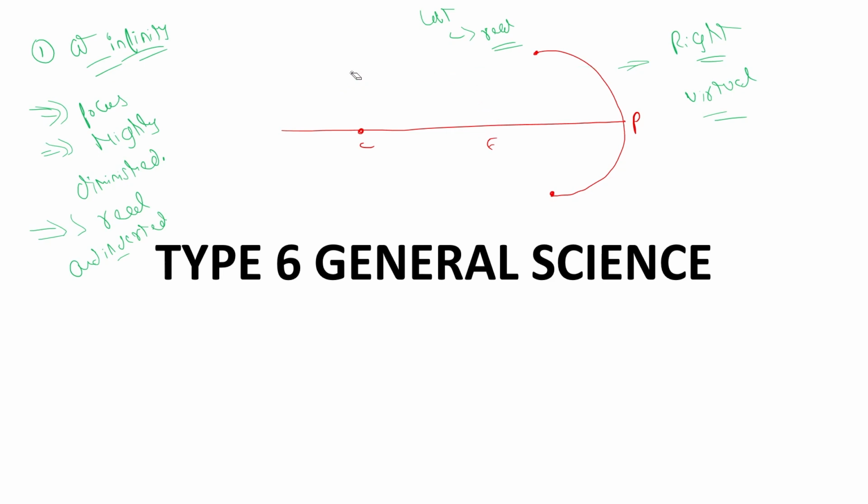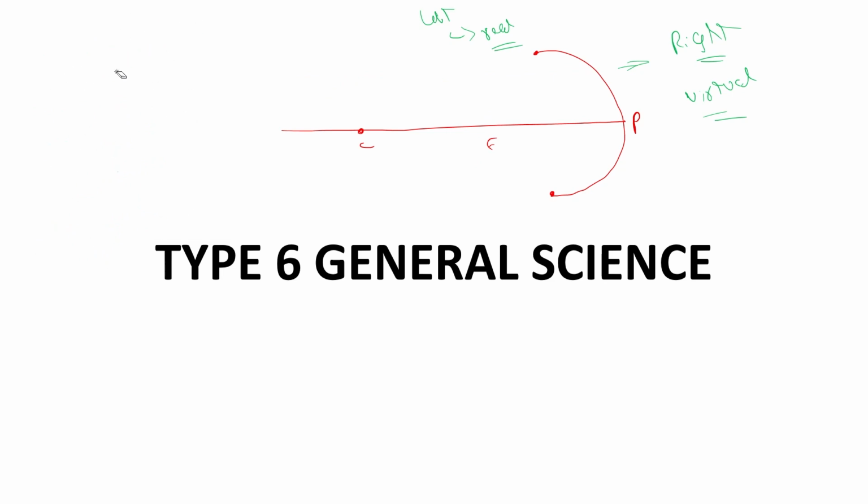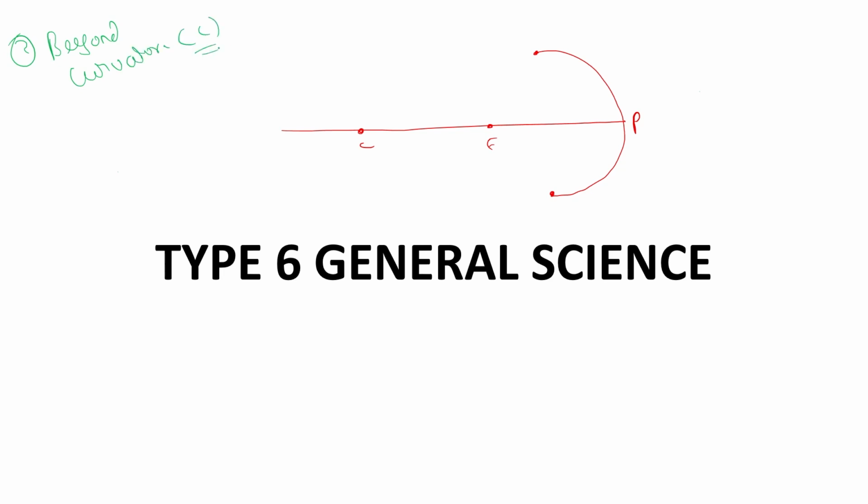Now let's have a discussion over the second case. The second case is when the object is beyond the center of curvature, or you can say C. Now, in this scenario, the first ray comes from this side.